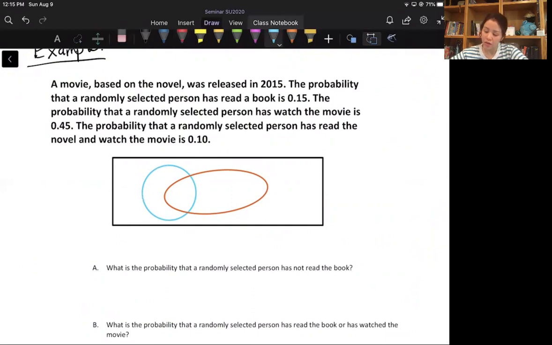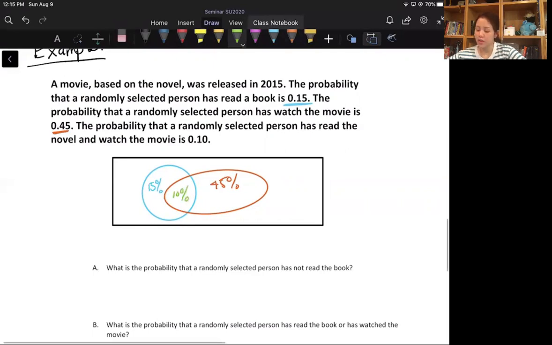So I denote the blue circle as 15%. The probability that a randomly selected person has watched the movie is 45%. So here it's 45%. The probability that a randomly selected person has read the book and watched the movie is 10%. So this overlap here is 10%.